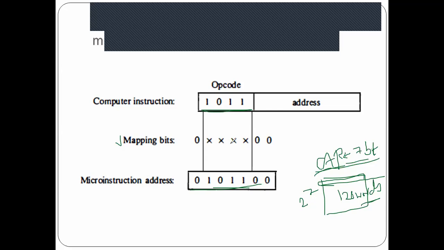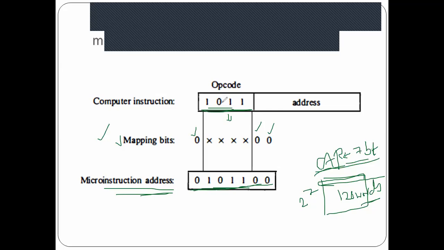That subroutine address will be available with the help of this mapping. You now have these opcode bits, and the mapping happens by adding these bits likewise, by which you get the first microinstruction address of your next operation.